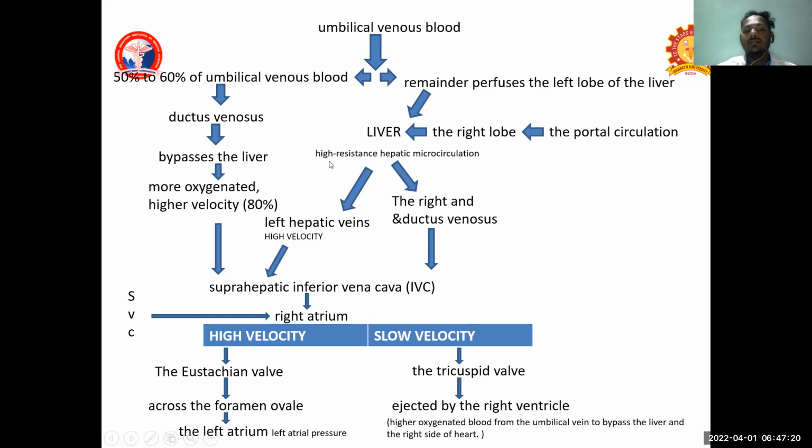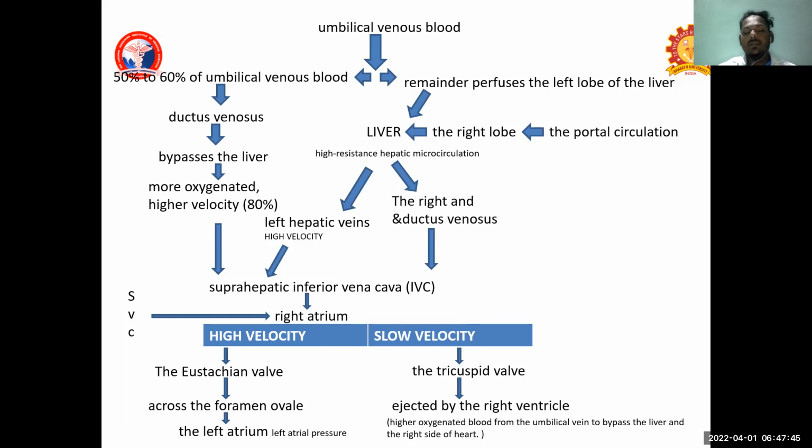These are the high resistance hepatic microcirculation, which divides into right and left. The right enters into the IVC and enters into the right atrium. This is the low velocity blood, which enters through the tricuspid valve and reaches the right ventricle.